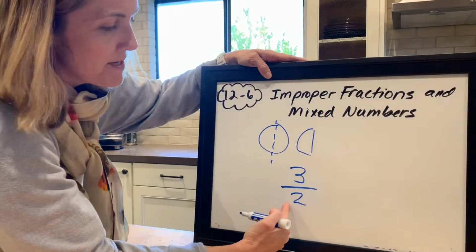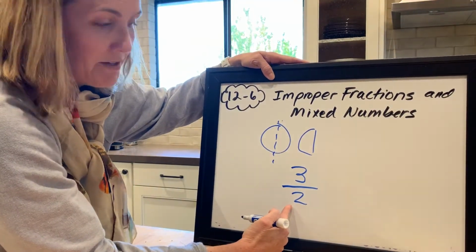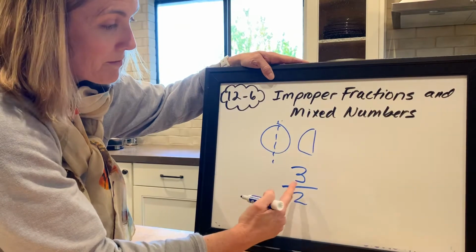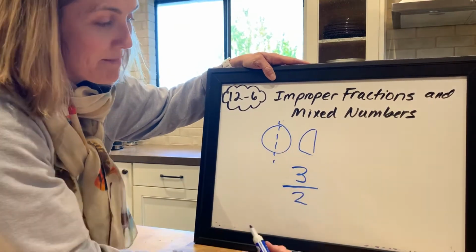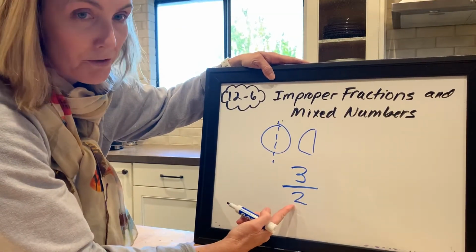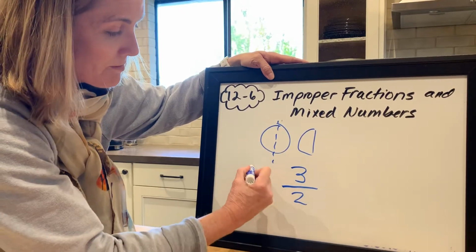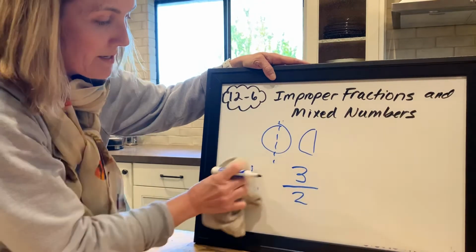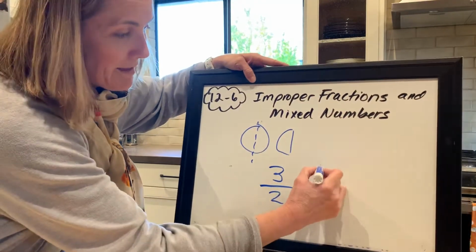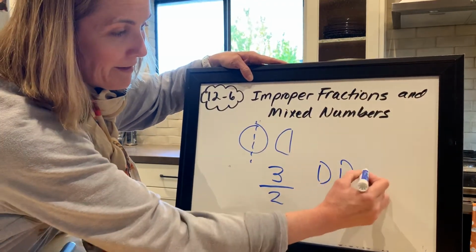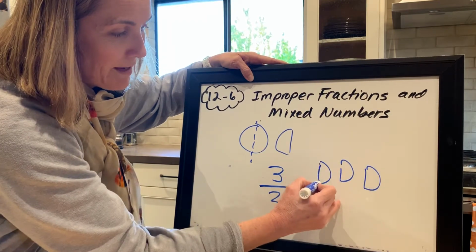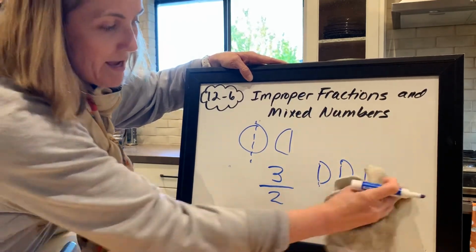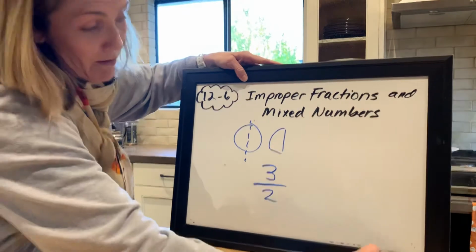Really, this is a division problem. We have 3 halves. I know you can't see how that means 3 halves, but it's represented over 2. And truly, if you can remember, this is 1 half. So now we have 3 of those halves. We have a half, and a half. I should have my dotted line so I can see the cut. So 3 halves, 3 over 2, is 1 and 1 half.